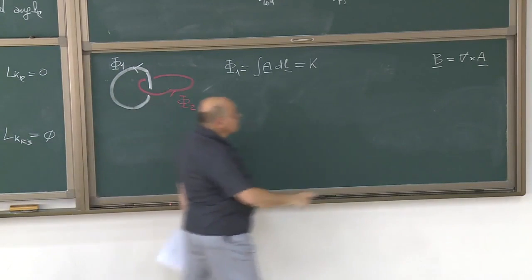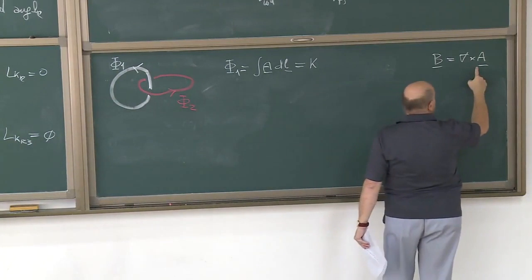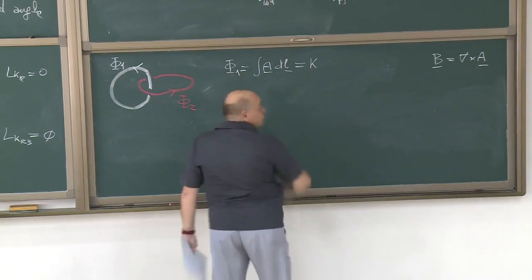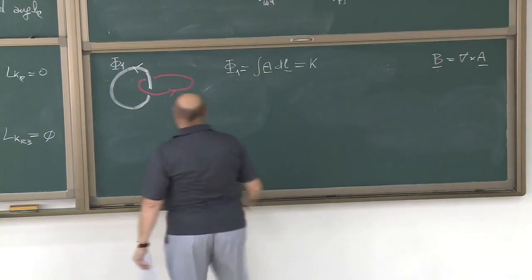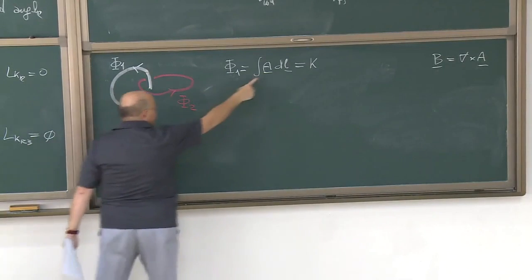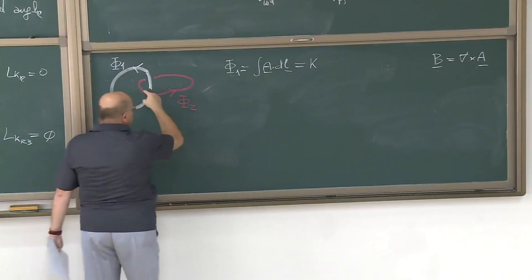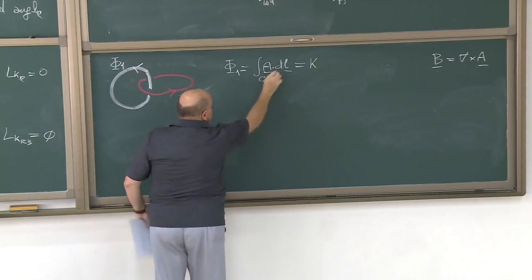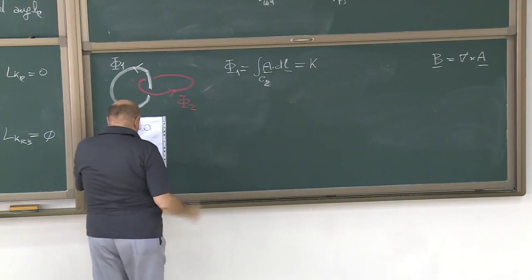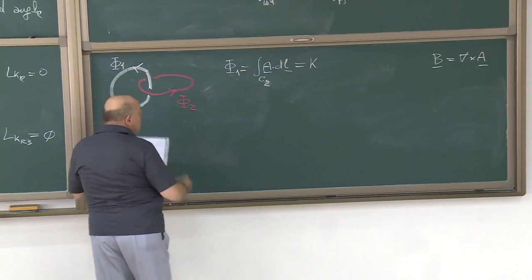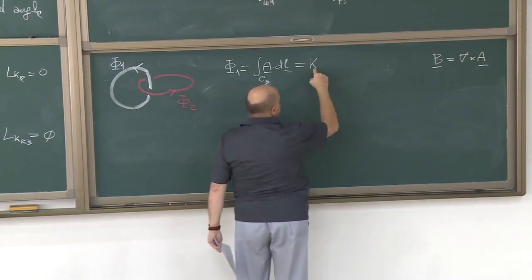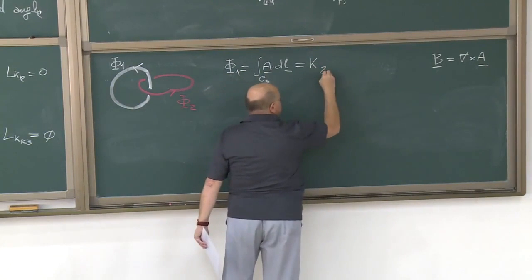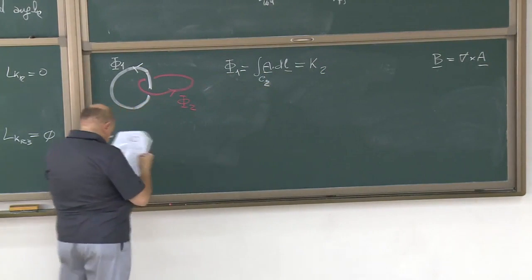So I will use this relation with the vector potential to express phi through Stokes as a circulation of A along the axis C2. Okay. So I call this quantity, which is a constant, because it's related to C2, K2.